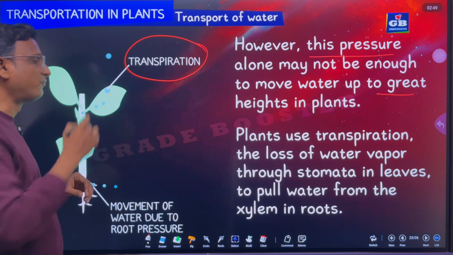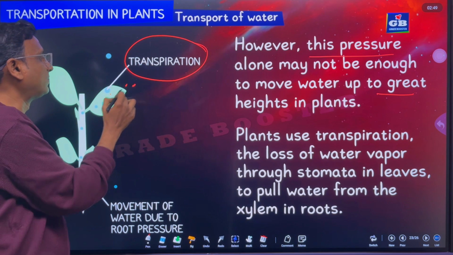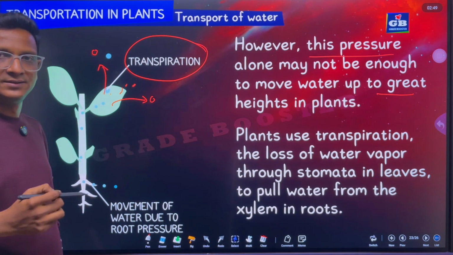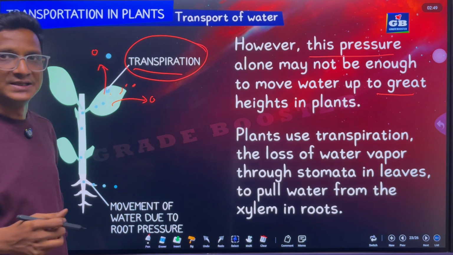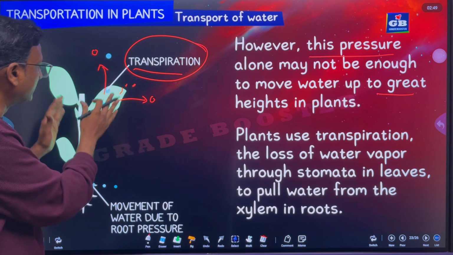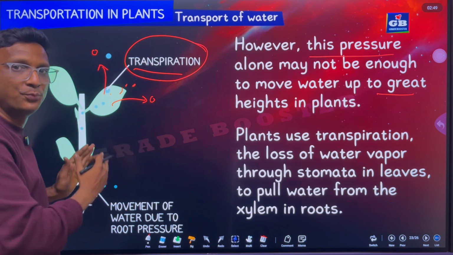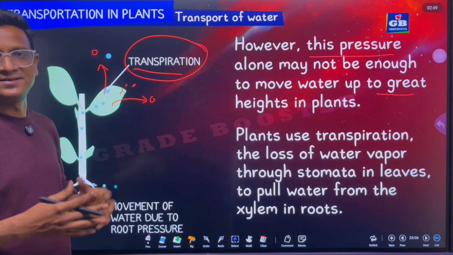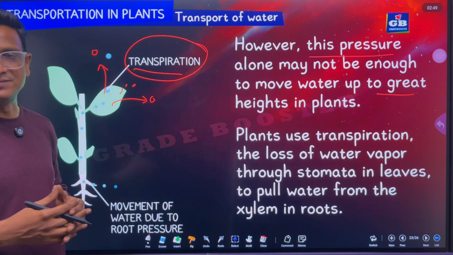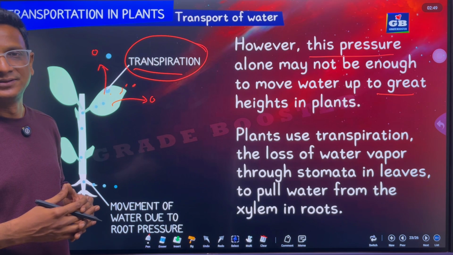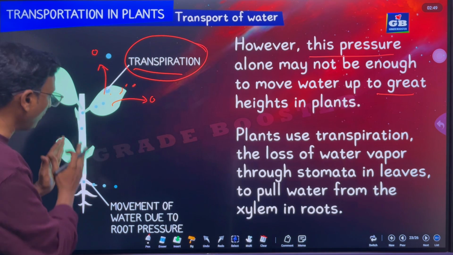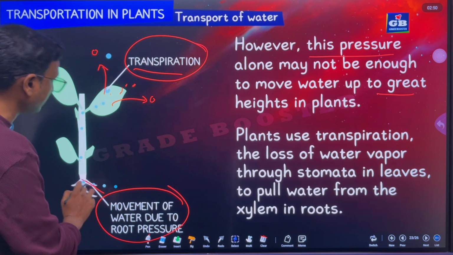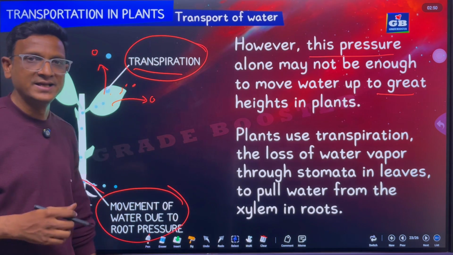At the top, from the leaves, the water is evaporated into the atmosphere. That is by the process of transpiration. Since the water is being evaporated here, there is a continuous pull of water to the top parts. So the movement of water is due to root pressure at the bottom, and here it is because of transpiration.